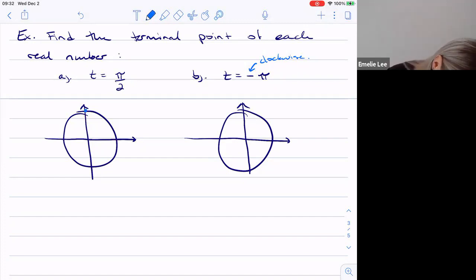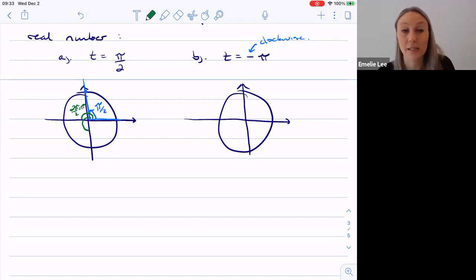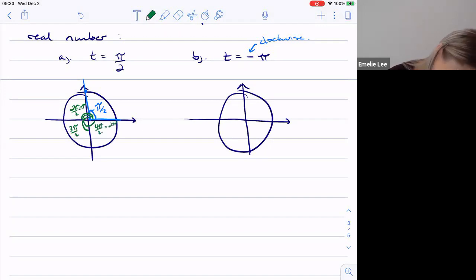From here to here is pi over 2. This half rotation would be 2 pi over 2, which is just pi. We could go all the way to the next stopping point, which would be 3 pi over 2, and then all the way around would be 4 pi over 2, which is just 2 pi.